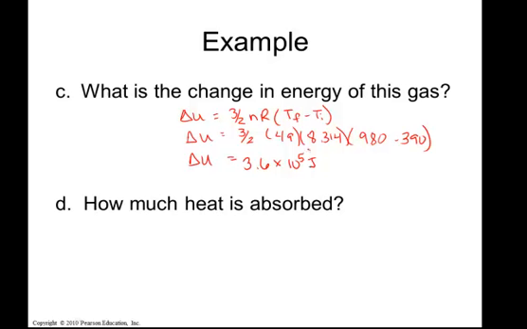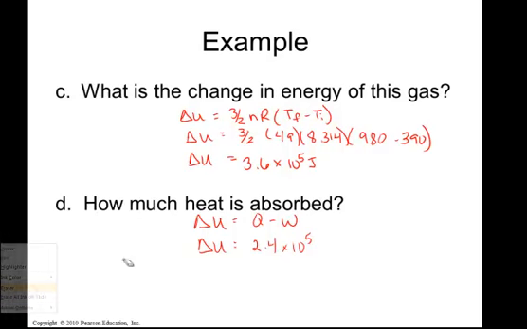And D wants to know how much heat is absorbed. So delta U is Q minus W. Okay, so delta U I just found, 3.6 times 10 to the 5th.